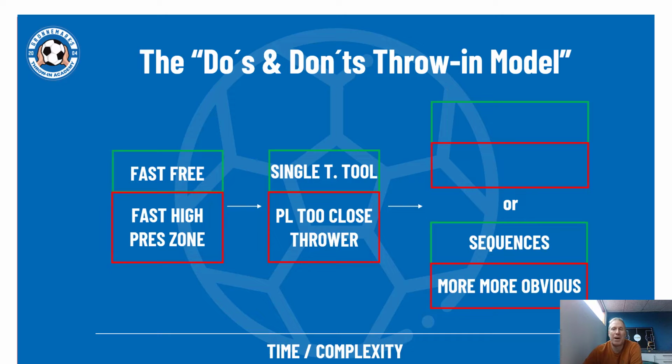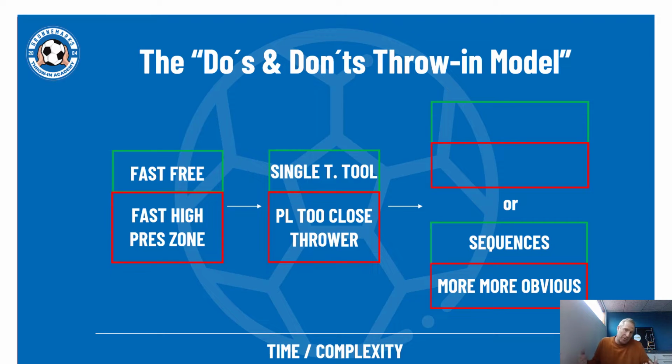Then the negative part here is that I see some teams, when the time goes, but also the complexity goes, it's getting more and more obvious. So let's say your team has a throw-in in the middle of the pitch, and then there are, let's say, 2, 3 players from each team who are down the line. Then they're getting closer and closer together. Even more players go down in that area.